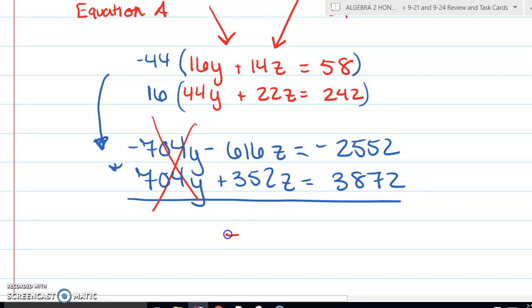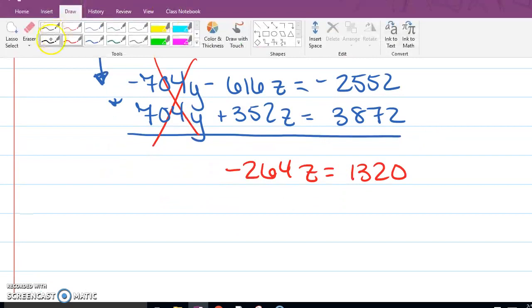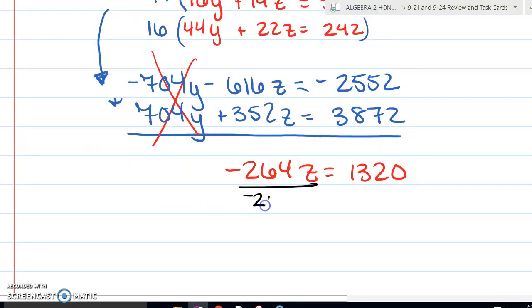and we get negative 264z equals 1320. Okay, and then finally divide by negative 264 on both sides.